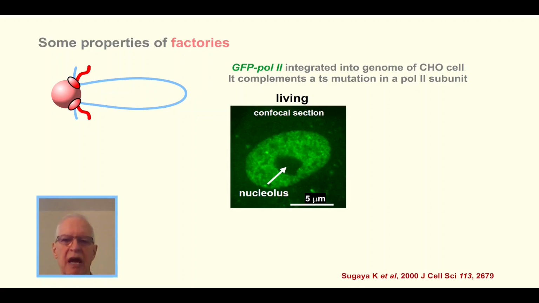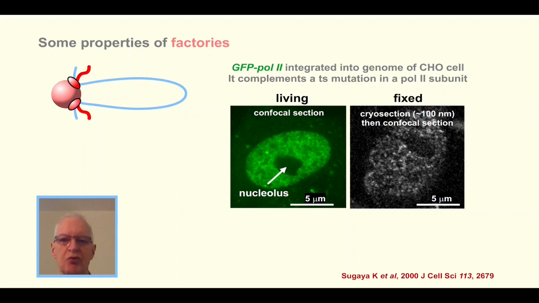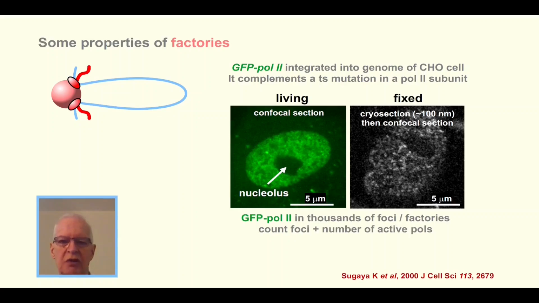This microscope has very poor Z-axis resolution, which can be improved by flash freezing without chemical fixation, and then cutting a thin cryosection. And then you begin to see hundreds of foci that you can count. And we also counted the number of active polymerases in the cell biochemically, and by simple division, we could work out the numbers per factory.